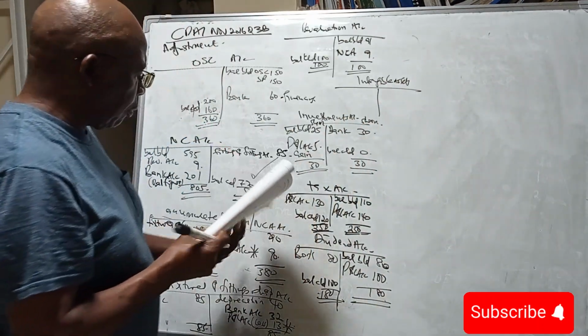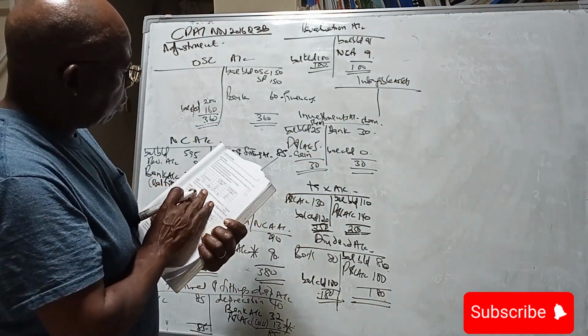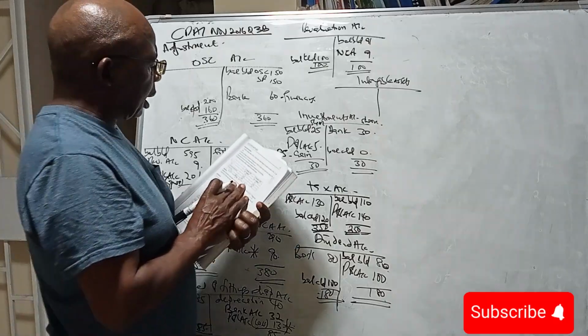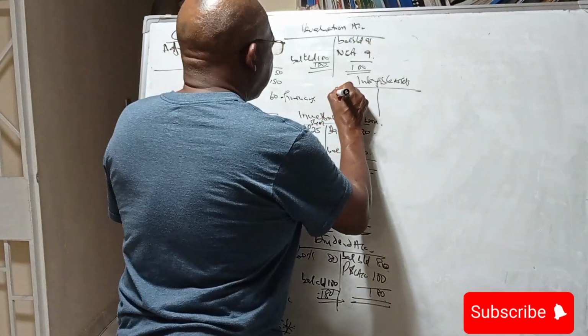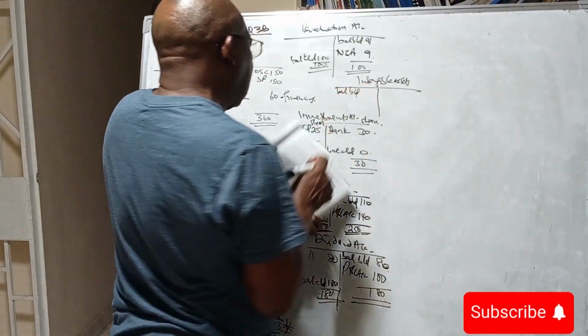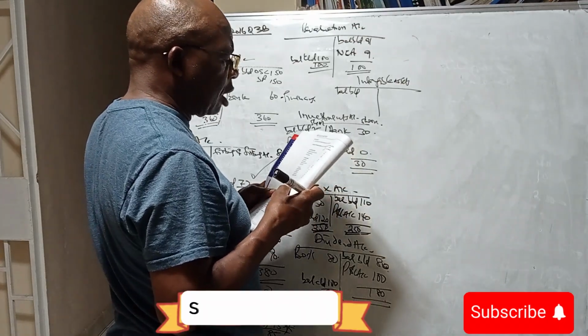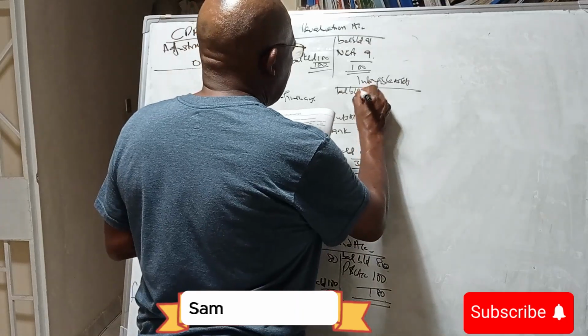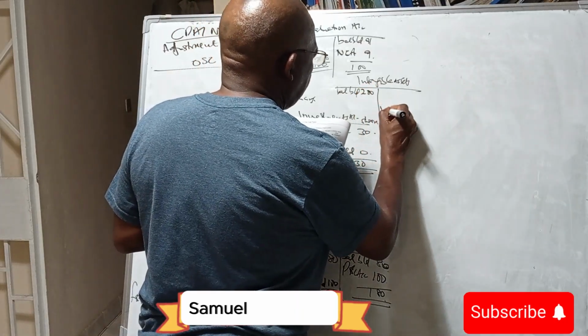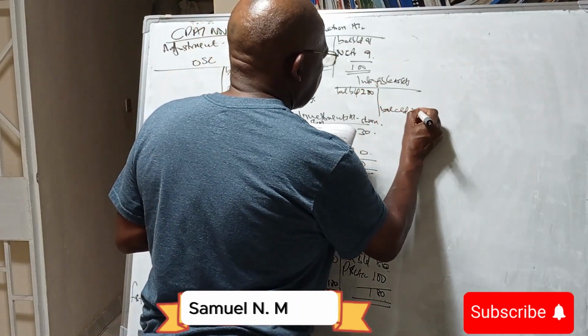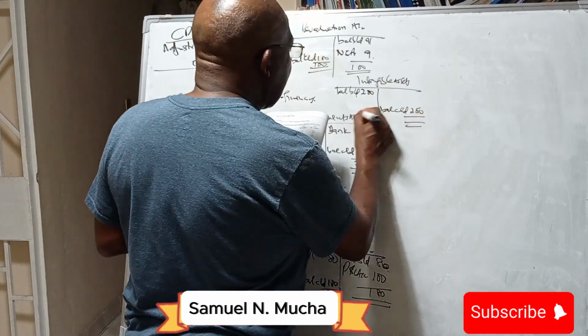And therefore, our balance brought down, the opening balance of the intangible assets, was 200, and the balance carried down is 250. And therefore, we are increasing.